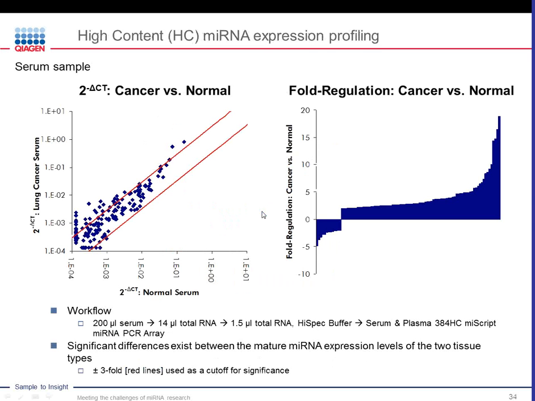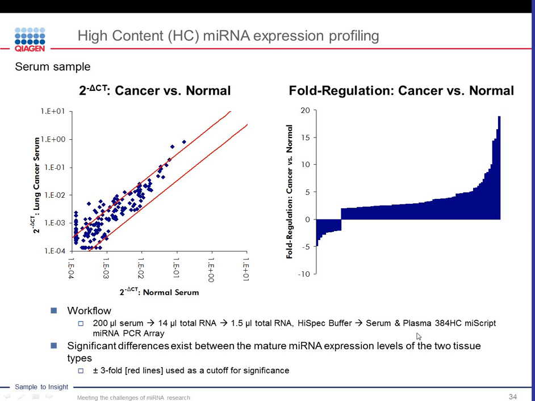Here we have a high content microRNA expression profiling. So this would be a quote-unquote sub-micronome. For the experiment, we started with a 200 microliter serum sample, isolated the total RNA, synthesized cDNA, and used the serum and plasma 384HC PCR array. The serum and plasma 384HC collects the 372 microRNAs that we've observed the best expression for into one panel.